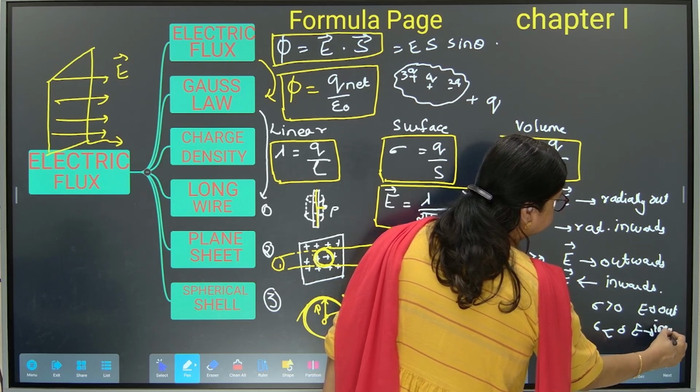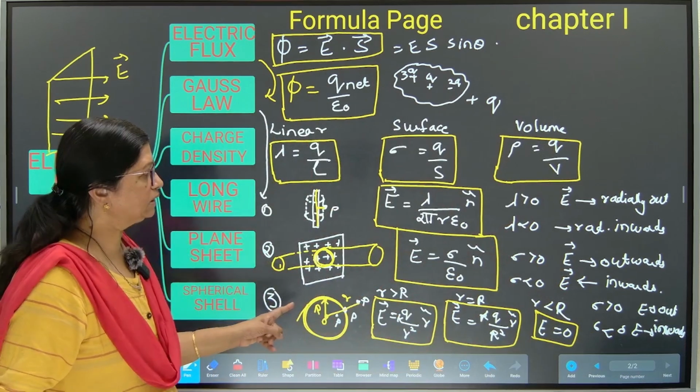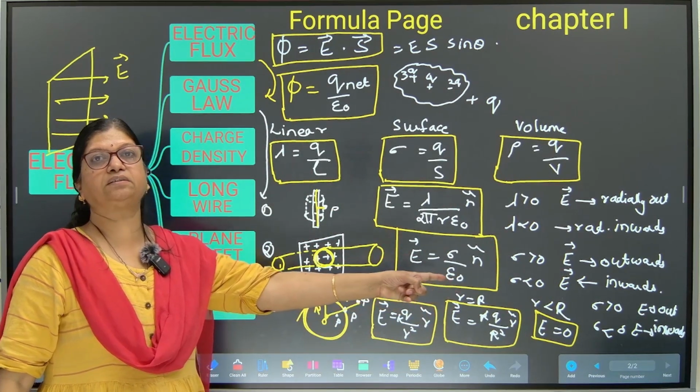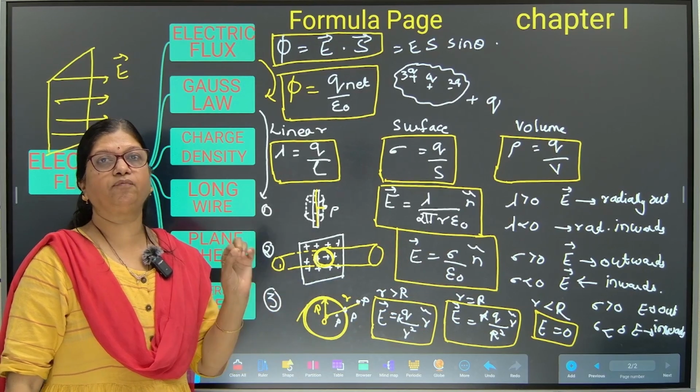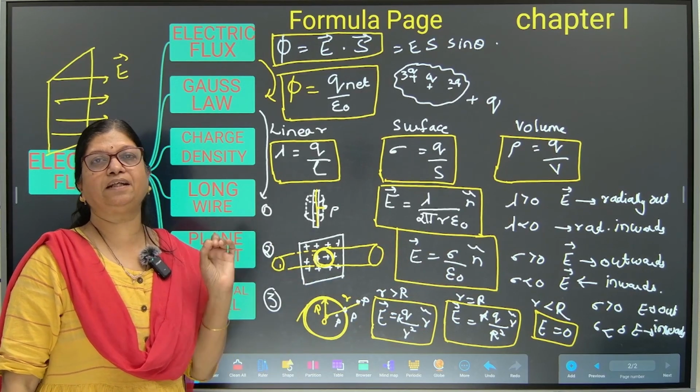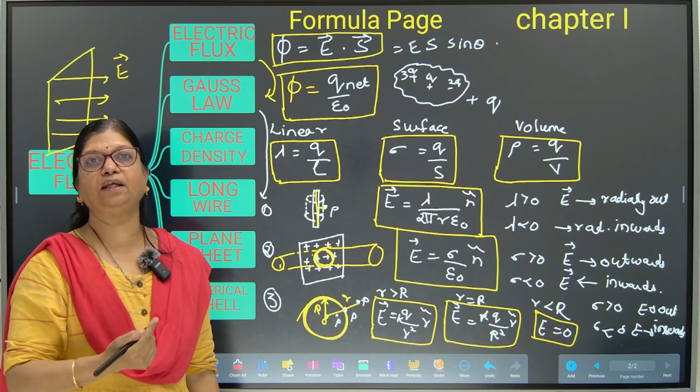Okay. So this particular shell has a surface charge density of sigma. According to the value of sigma, the electric field will be pointed radially outwards or radially inwards.